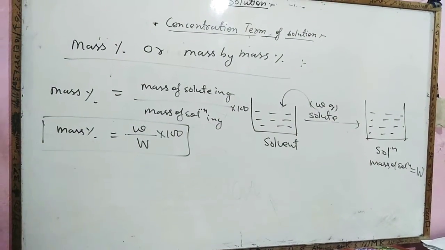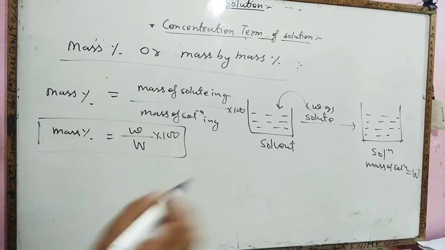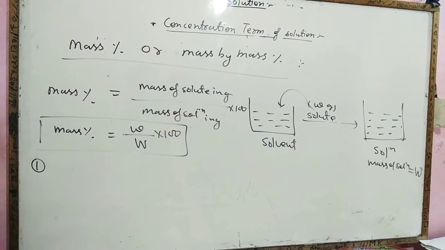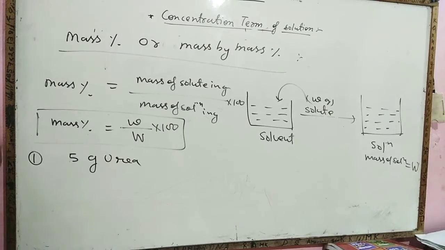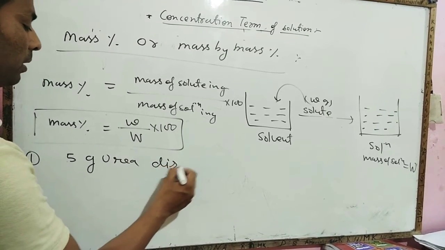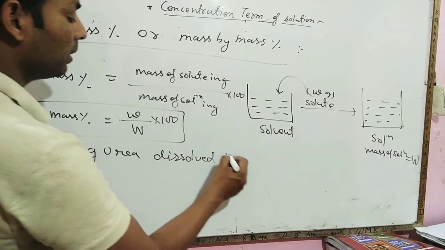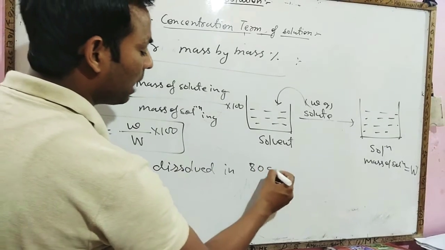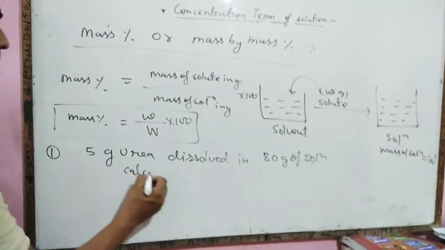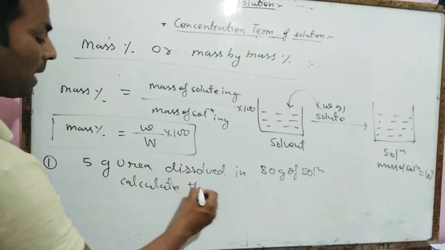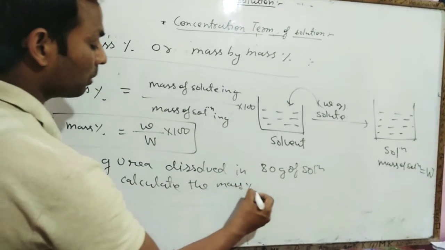I'm going to take one example. The first question: 5 gram urea is dissolved in 80 gram of solution. Calculate the mass percentage of solution.